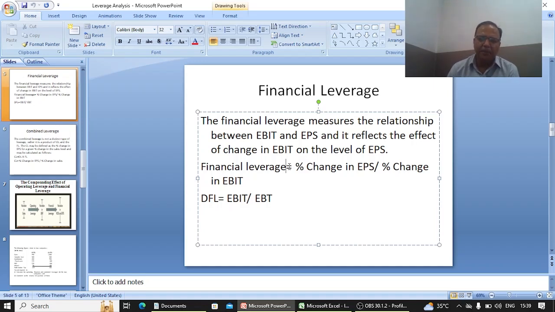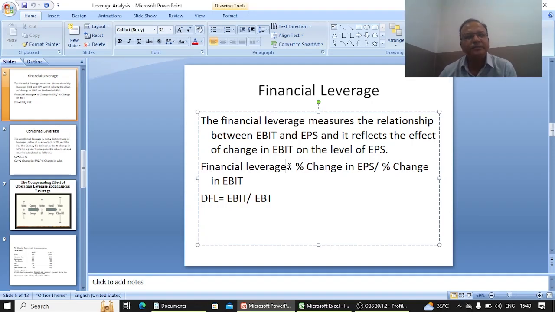In another sense, we want to understand financial leverage as the leverage which is collected by the firm to establish the business. Whenever a firm collects funds for the establishment of the business, it is considered financial leverage.